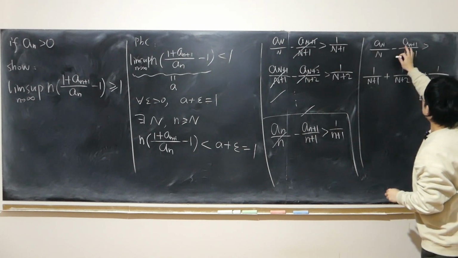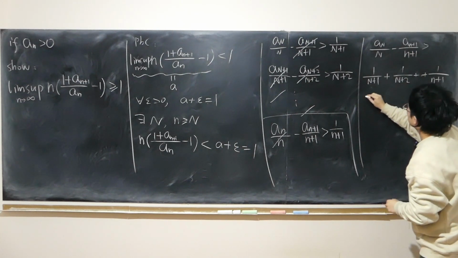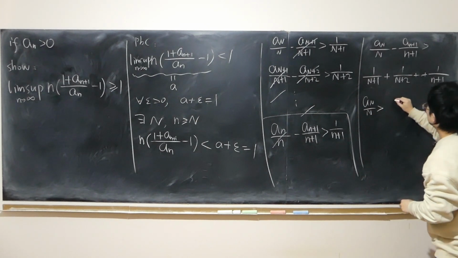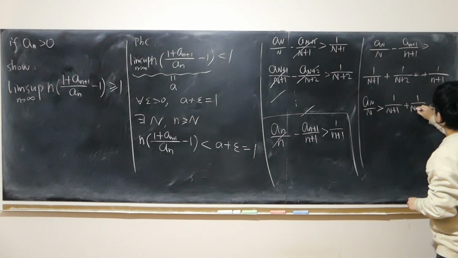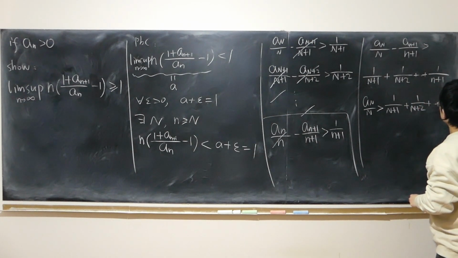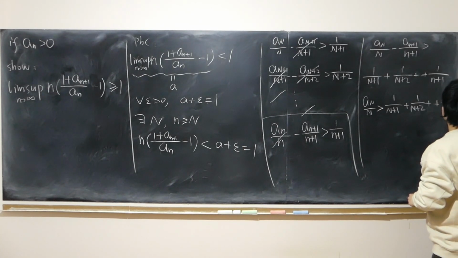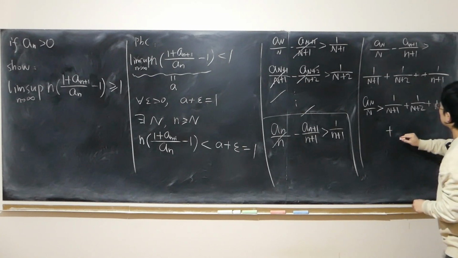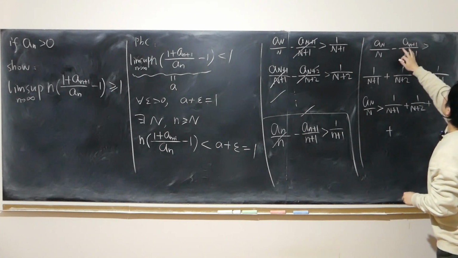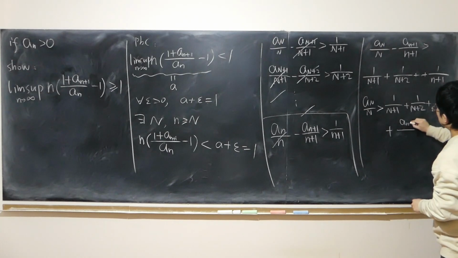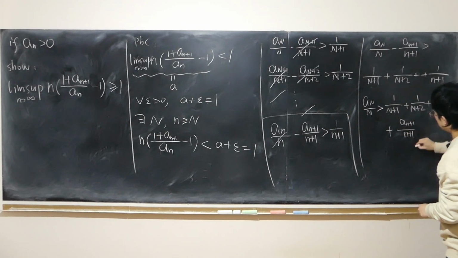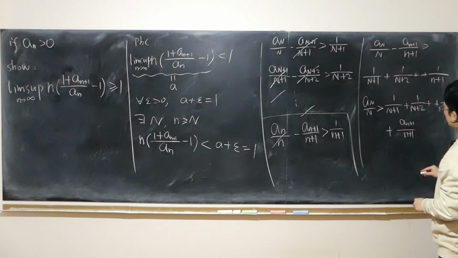So I move this term to the right-hand side. So a capital N over capital N is bigger than 1 over capital N plus 1, plus 1 over capital N plus 2, up to 1 over small n plus 1, plus this term, which on the right-hand side becomes positive: a small n plus 1 over small n plus 1. But this is the right-hand side.